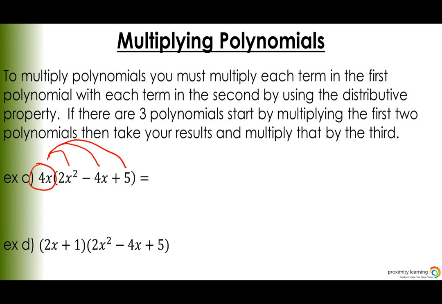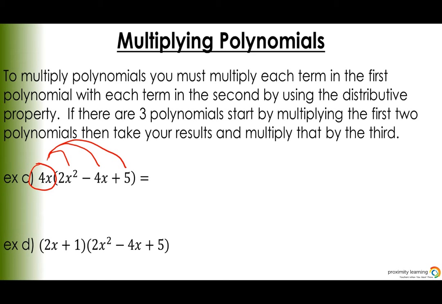Now, in a rare circumstance, if you have three polynomials that you're multiplying, multiply the first two, then use that new one to multiply the third. All right, you rarely come across that. Most of the time, it's just going to be two polynomials multiplying one another.